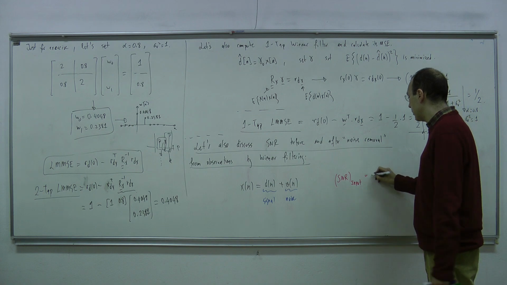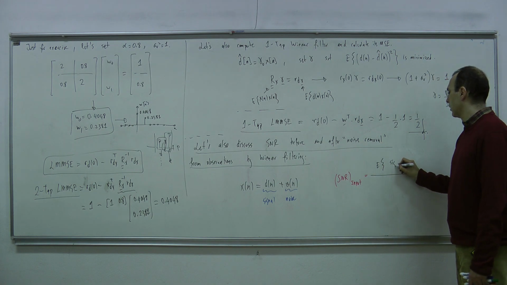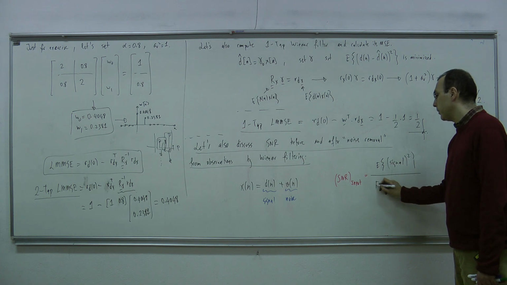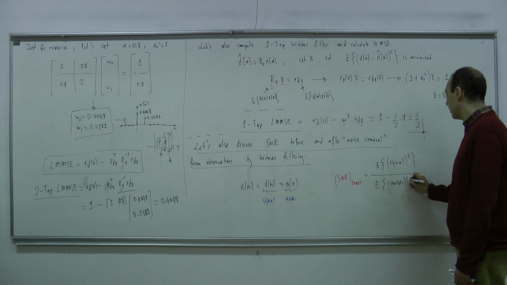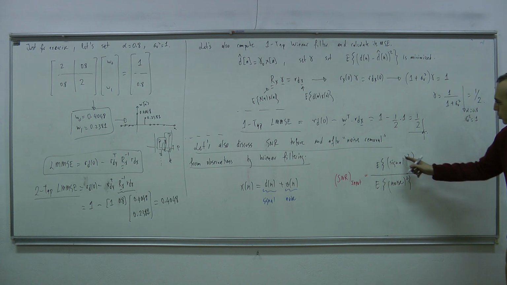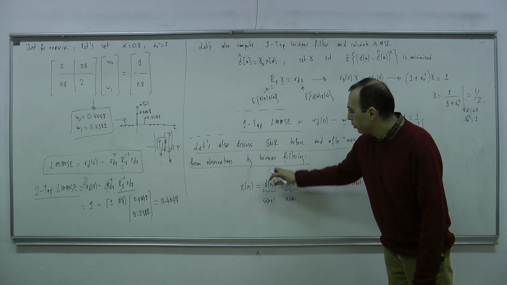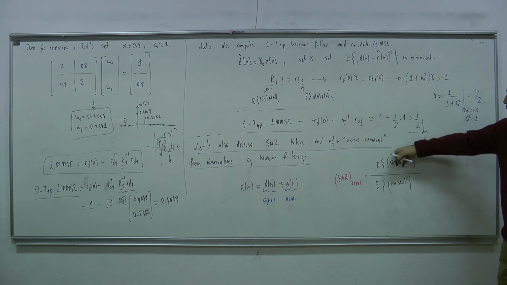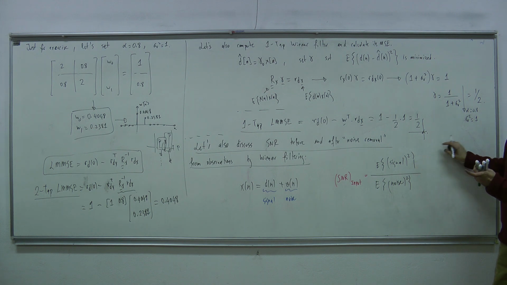So SNR input is defined as this: expected value of whatever you have as signal, you take its square and take its average. Again, this makes a lot of sense from the electrical engineering viewpoint, because this is like an average power operation. Assume that you are measuring voltages, V, then V square over R is nothing but the power dissipated over a resistor.